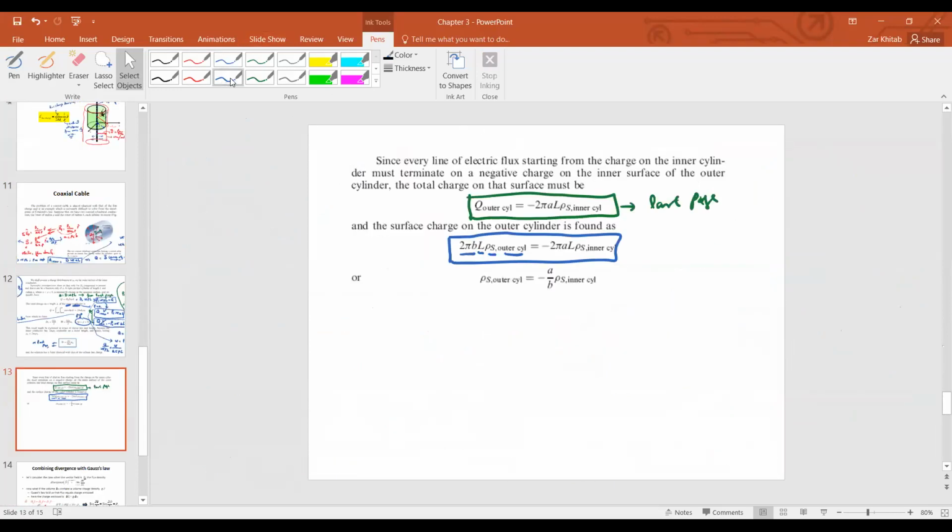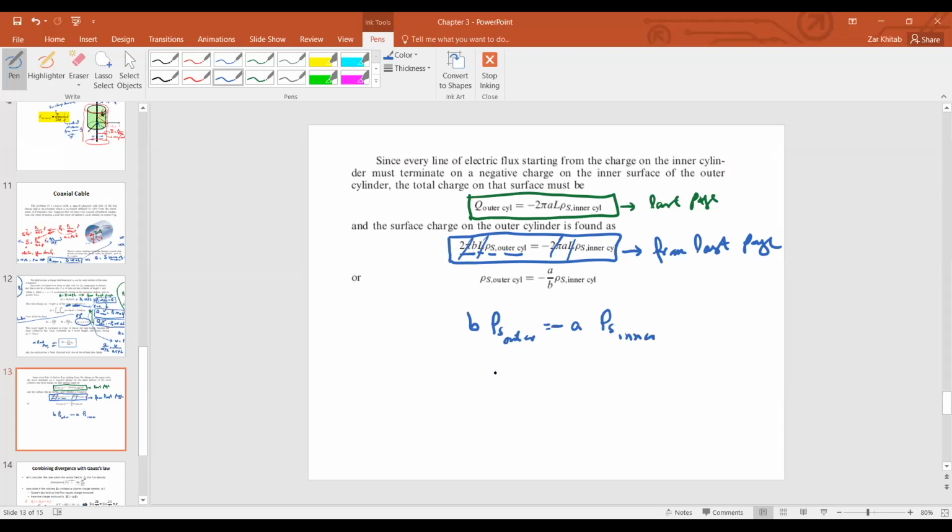So this equation is from the last page. If you knock out this 2 pi with this 2 pi, and L with this L, you end up with B rho S outer equals A rho S inner, with the negative sign.